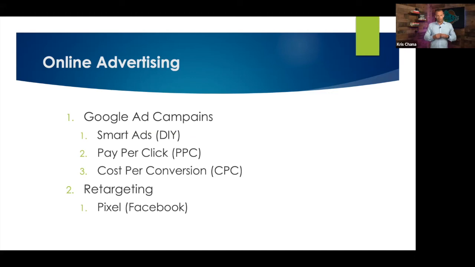So what you could do is create an awareness campaign on Facebook or Instagram or another social media campaign, and we'll get into the details of why this is more of an awareness piece. You could spend money on creating awareness, something fun, entertaining, funny, on the Facebook side of things. And then you use a pixel, which is just a line of code that you embed on your website, or as part of your Google ad spend.